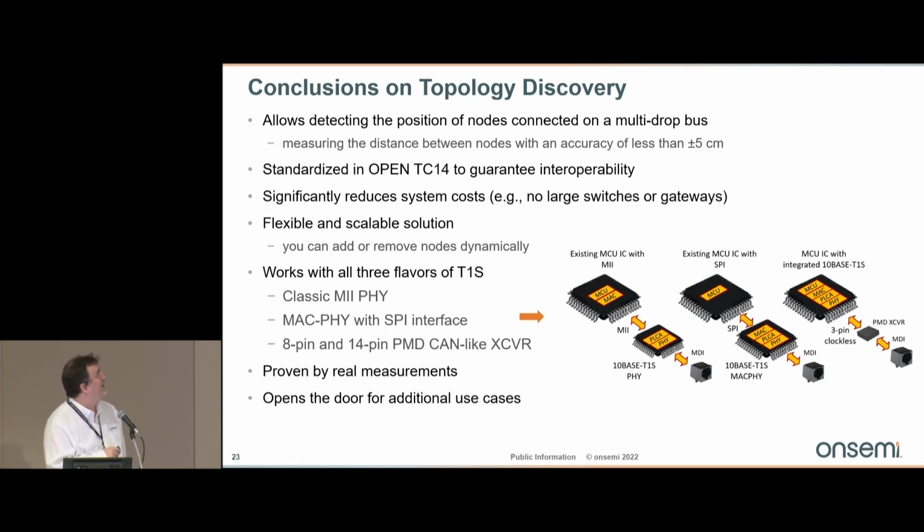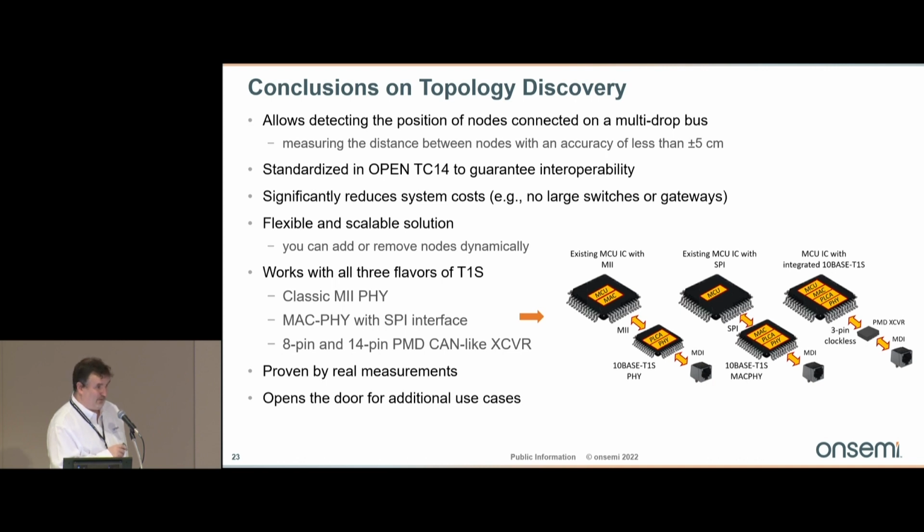It's been standardized in the Open Alliance TC14 group, and therefore we are going to guarantee interoperability of this solution. And you can still keep the reduced cost because you don't need to add any hardware or software specifically for this to work. So it's flexible and scalable. You can add and remove nodes to your network dynamically.